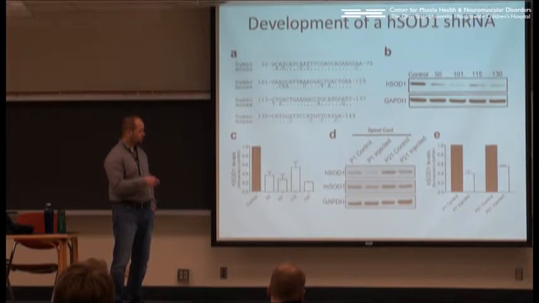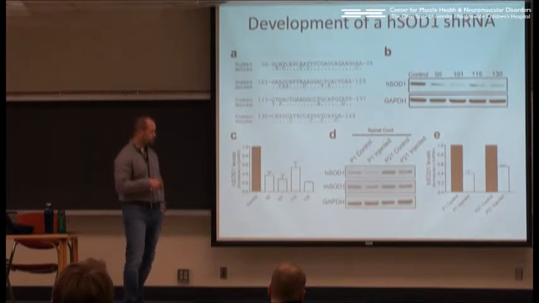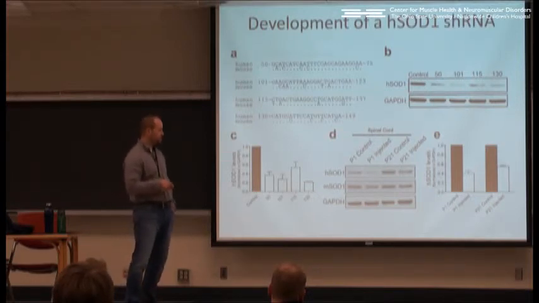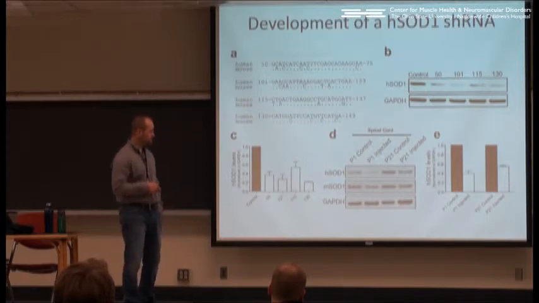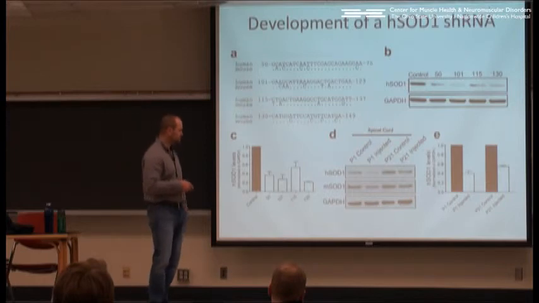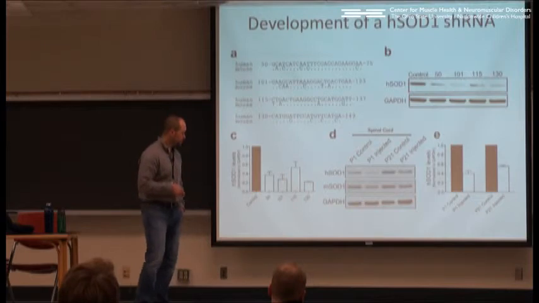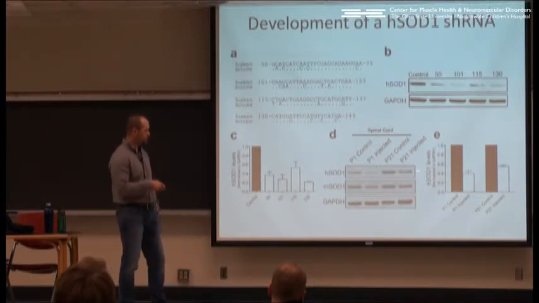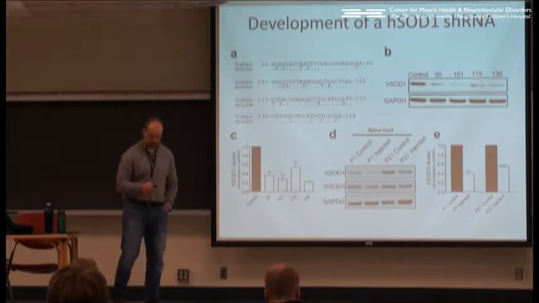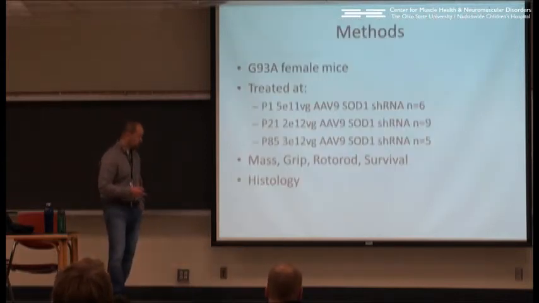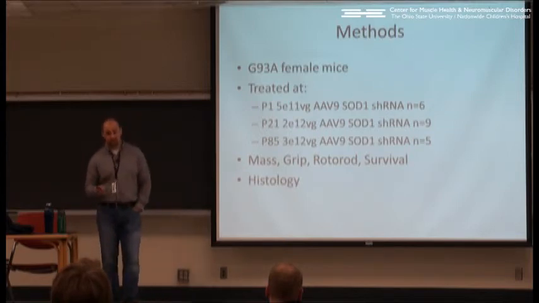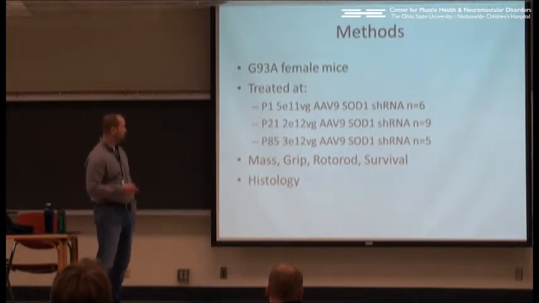And so this is tissue immunostaining of the spinal cord after injection of our shRNA construct. Mice were injected at P1 or P21, and sacrificed about 30 days post-injection. Looking at SOD1 expression, you can see quite a dramatic effect in P1, less so with P21. Those are early time points, those are preclinical time points, as you probably picked up on.